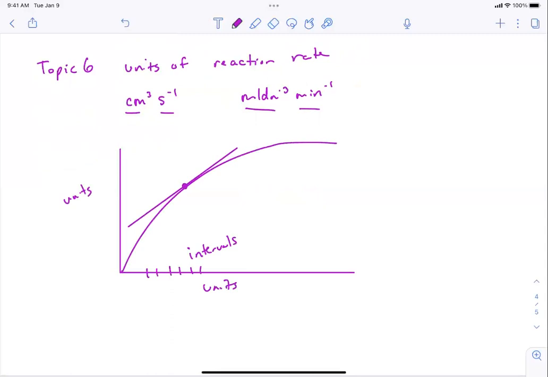That is a skill that you're required to have in the IB, how to interpret and read graphs correctly. And so they will combine this with reaction rate if they want to. So make sure you're paying really close attention, because maybe the intervals are 10, 20, 30, 40, but maybe they're 15, 30, 45, 60, or maybe they're 0.5, 1.0, and then 1.5. So really pay close attention to the intervals here.